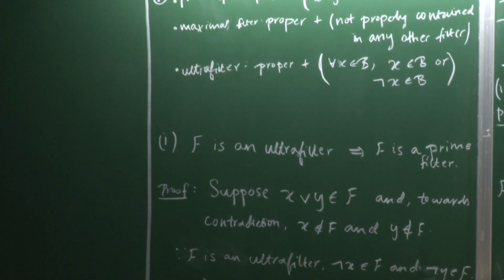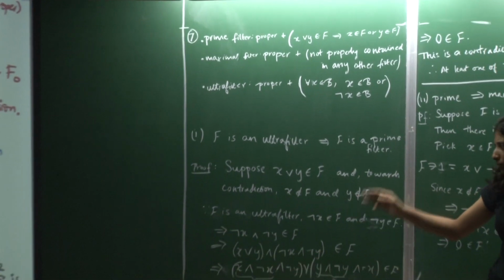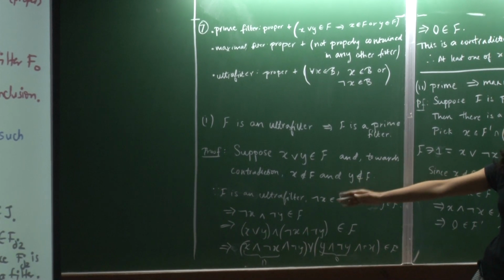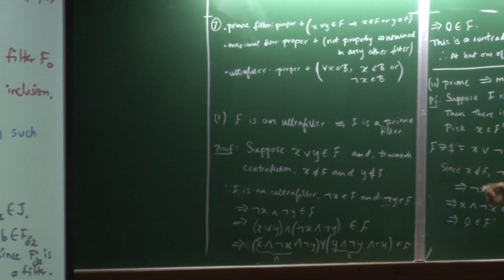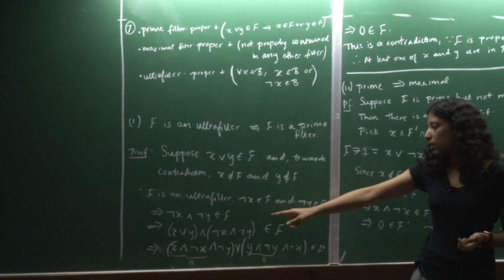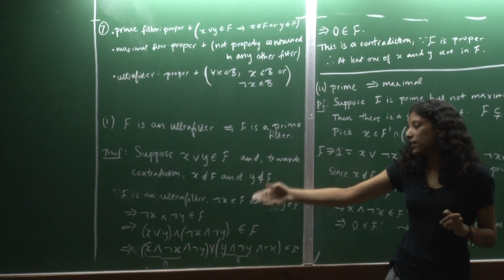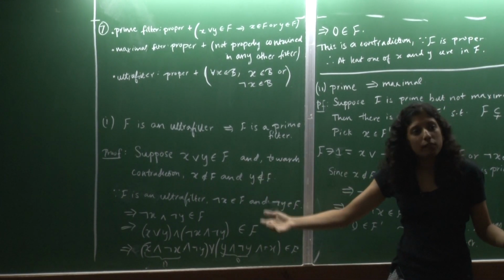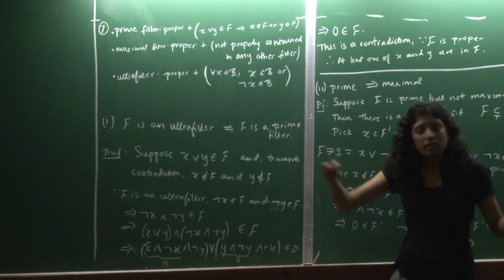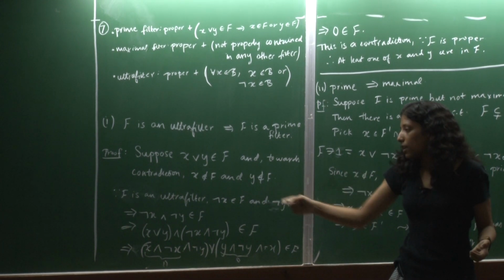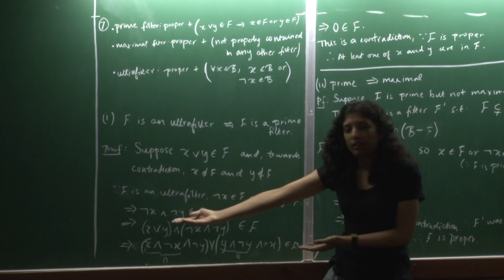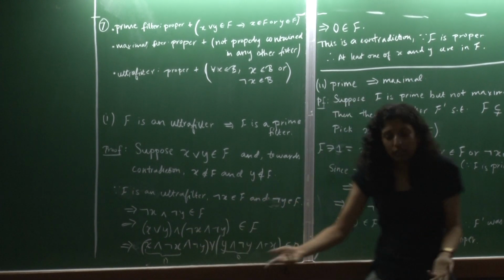So towards contradiction, assume that none of them belong to F. Now, since F is an ultrafilter, and X and Y don't belong to F, you know that their negations belong to F. And so their meet also belongs to F by the definition of a filter.